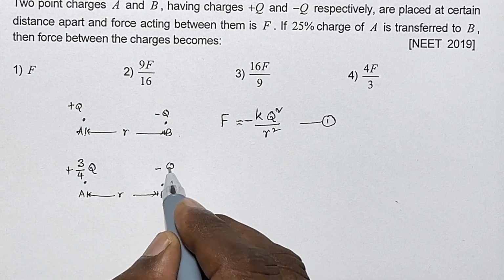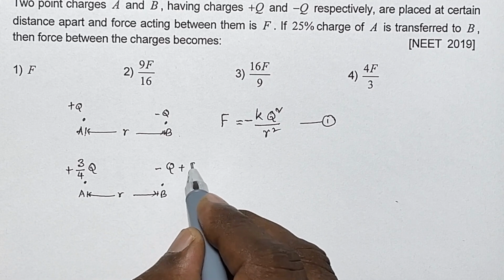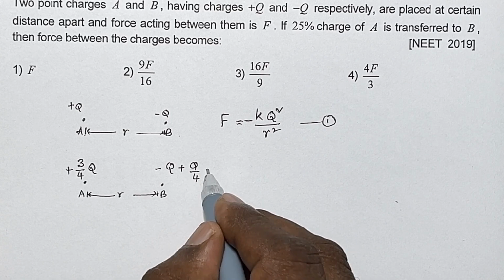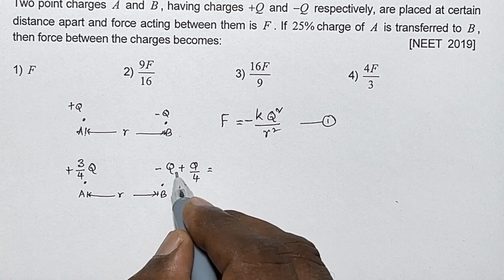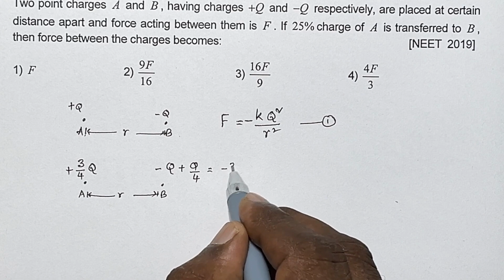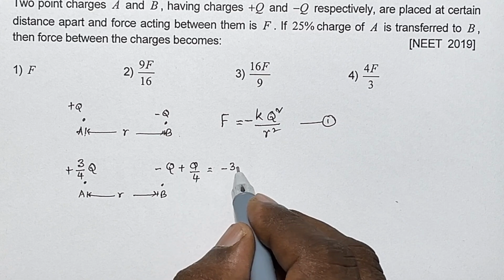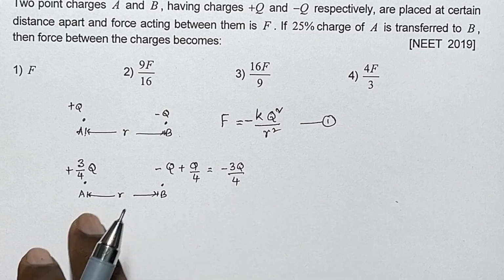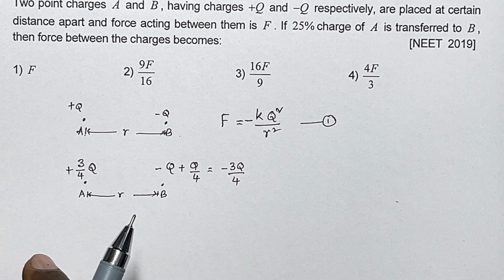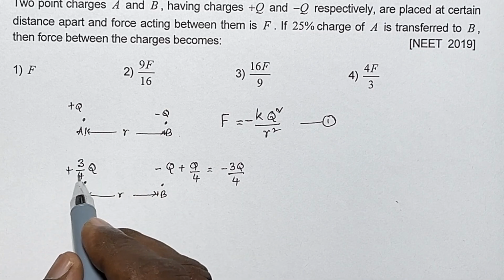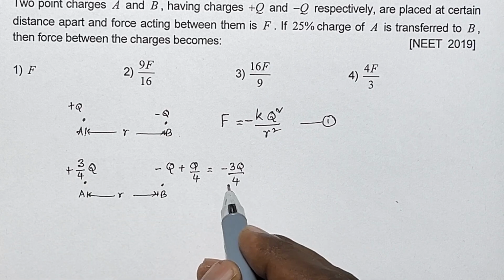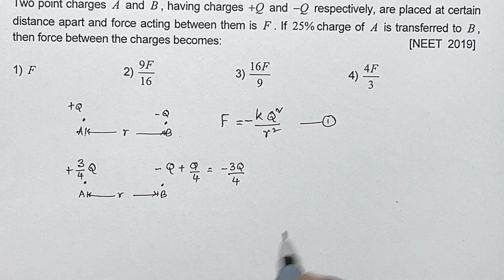Here 1/4 of the charge is given to this one. So here how much charge will be there? Minus Q plus Q by 4 is minus 3Q by 4. These are the charges. So Q1 is 3Q by 4 and the other is minus 3Q by 4.